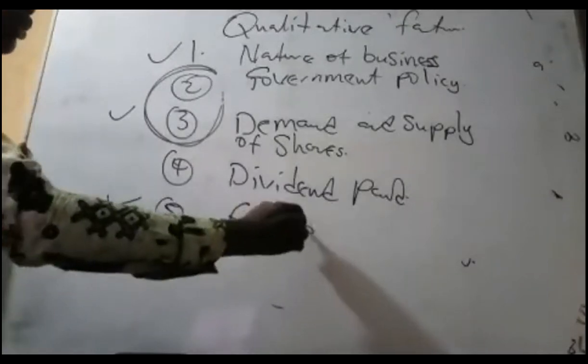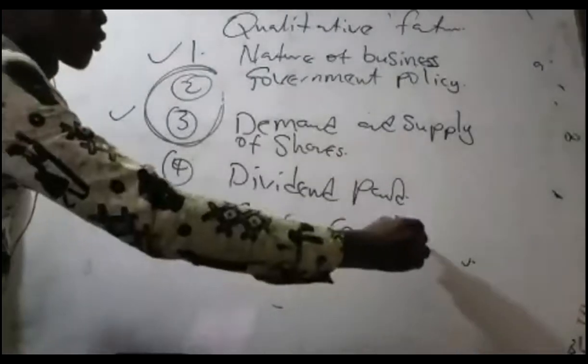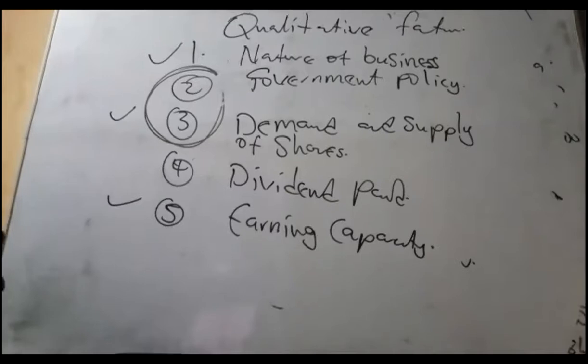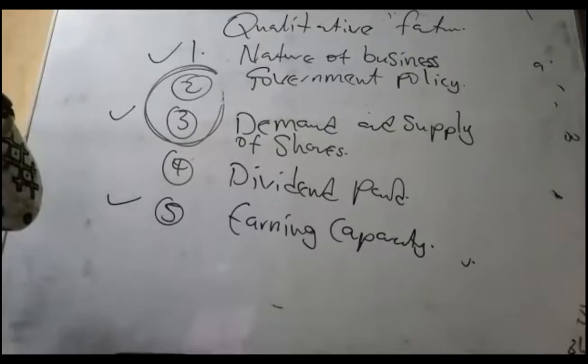So that's your earning capacity. And I can also ask you, what are the qualitative factors to be considered before an investor will invest in a company? All of them move around this area.